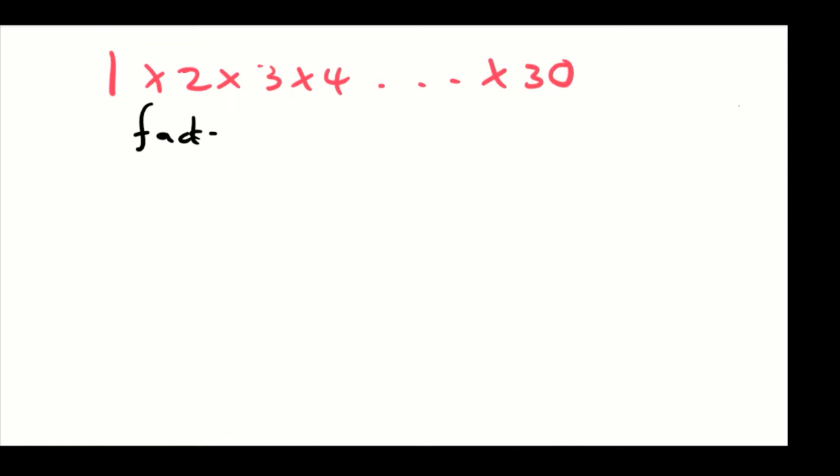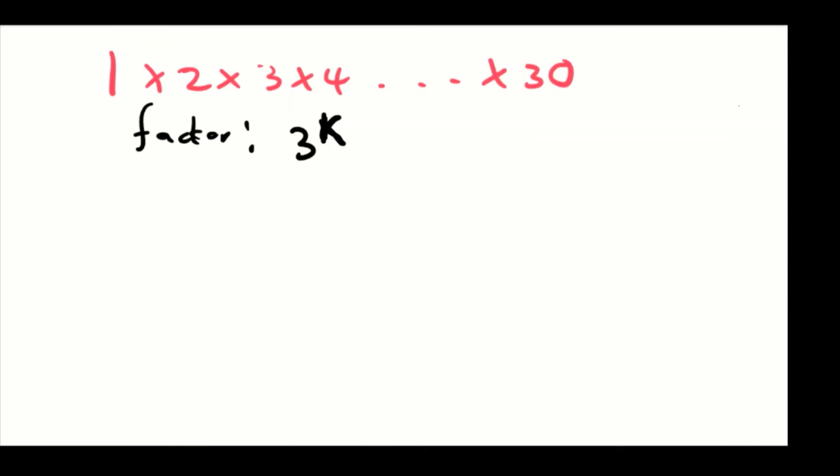So what we know is this, that we are having a product of 1 times 2 times 3 times 4 all the way up to times 30, right? And the factor that you are given is 3 to the power of k, right? So this is a hint. It tells us that because we want the value of k, which is on top, right, it's an exponent.